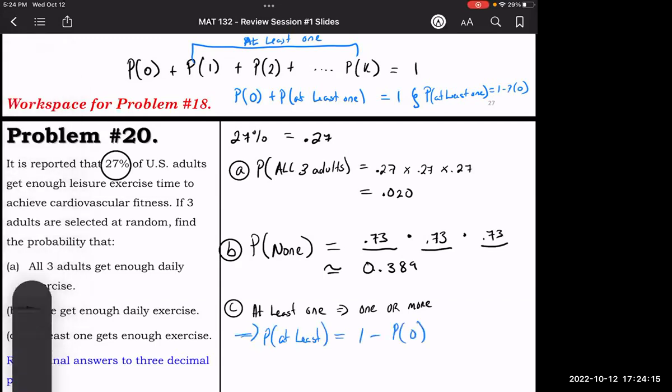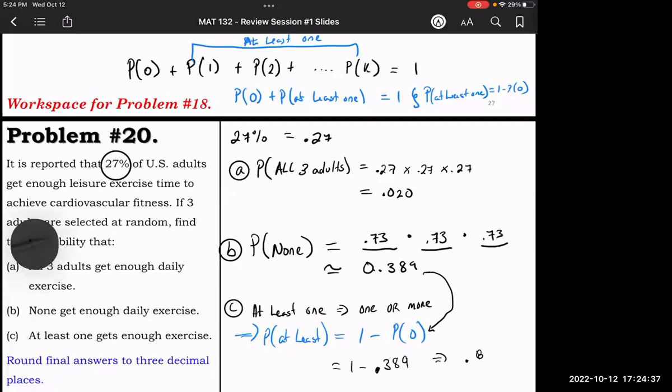But we computed the probability of 0 on this problem. The probability of 0 was the result of part B. It was 0.389. So you just plug that value down here. You get 1 minus 0.389, and that will give you 0.611.